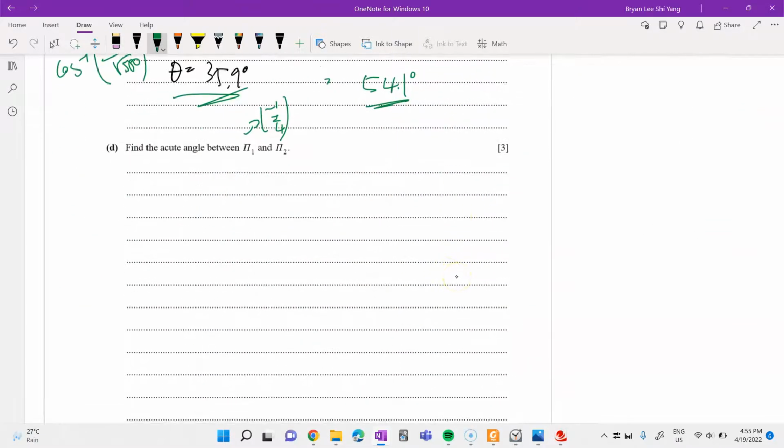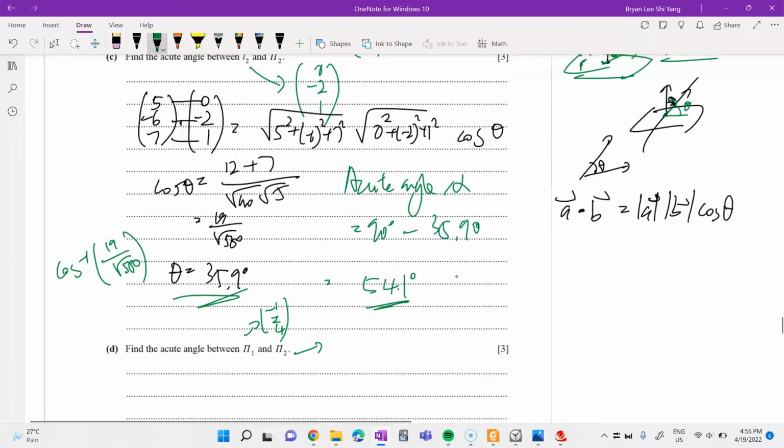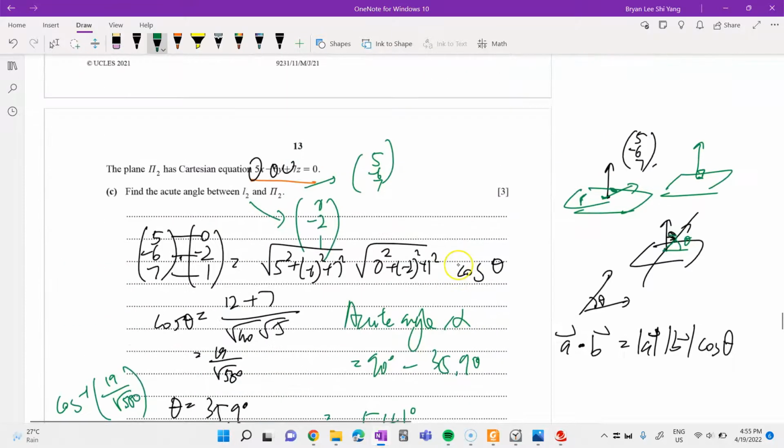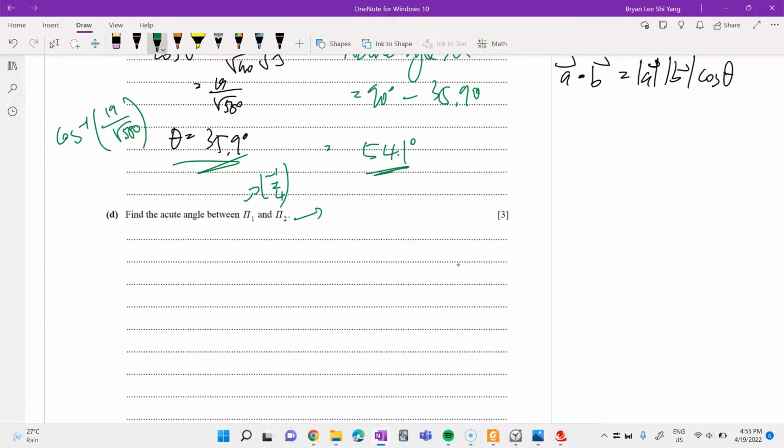Now find the acute angle between pi 1 and pi 2. You have the normal vectors of the planes, which cancels each other out.